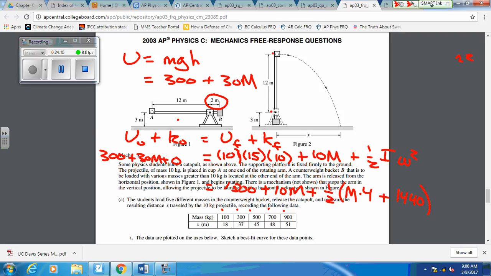Okay, what about the omega? Omega equals V over R squared. And the R? The R is 12. Yep. There you go.